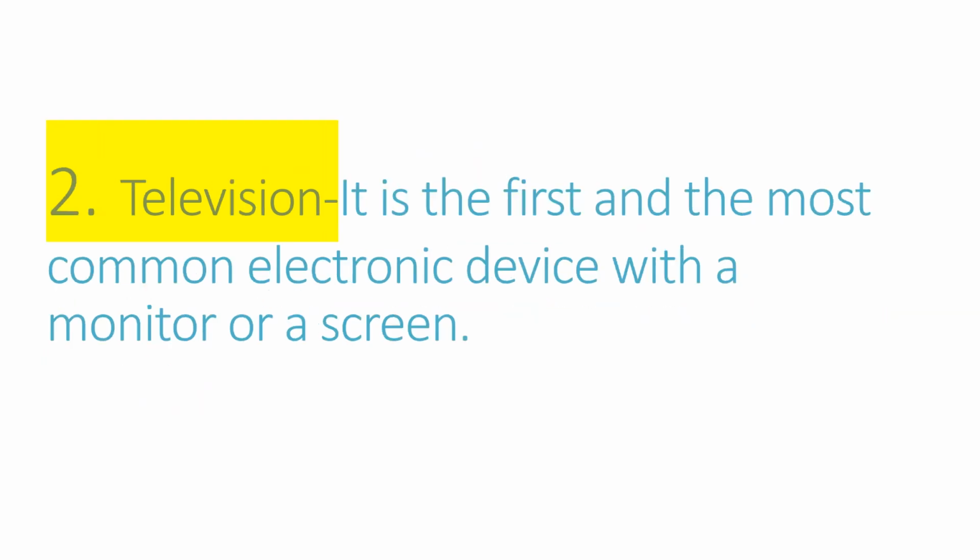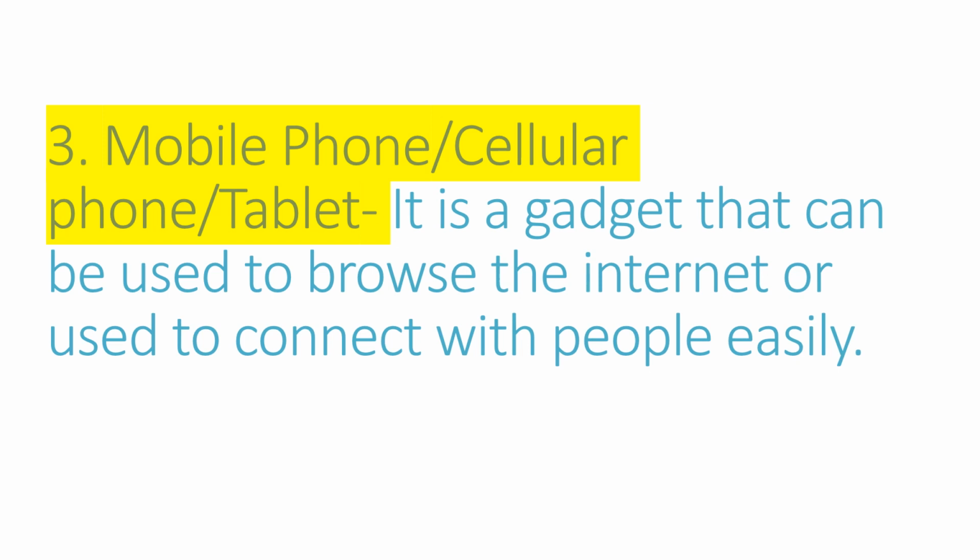Next is the television. Television is the first and the most common electronic device with a monitor or a screen, right? So, almost all households have television, right? Because it is the most common electronic device that you have seen in every household, mostly, right? Next is the mobile phone or what we call the cellular phone or tablet.